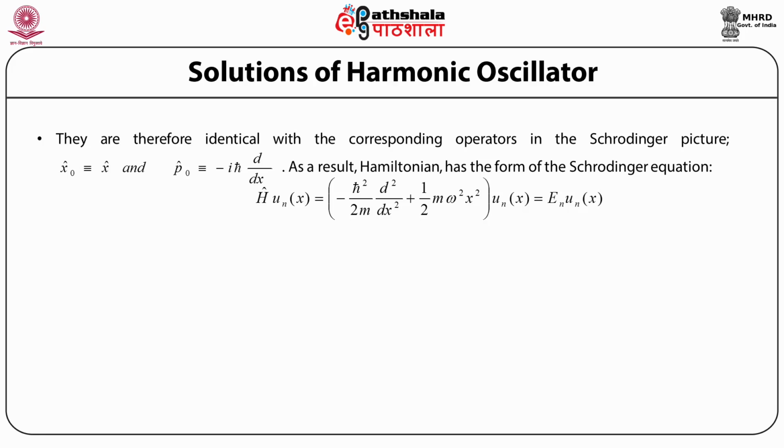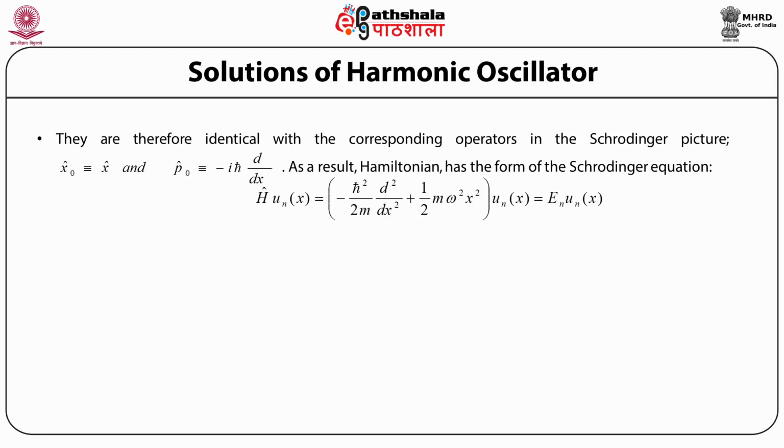As a result, the Hamiltonian has the form of the Schrödinger equation, which is given as the Hamiltonian operator H u_n of x is equal to within brackets minus h cross square by 2m times the double derivative with respect to the position plus 1 upon 2 times mass times the square of the angular frequency times the square of the position, whole acting on the function u_n(x), and this is equal to E_n u_n(x), where E_n is the corresponding energy eigenvalue of the eigenfunction u_n(x).